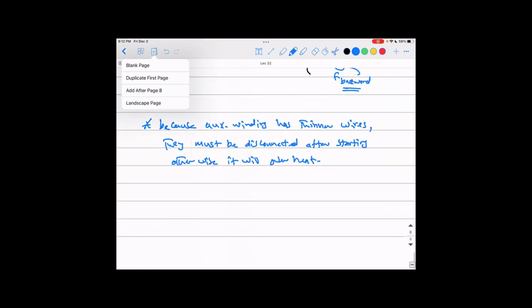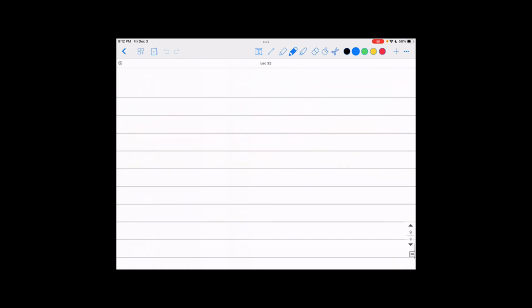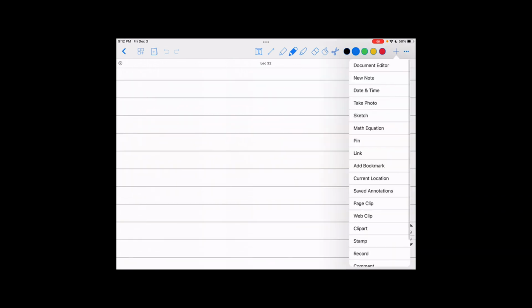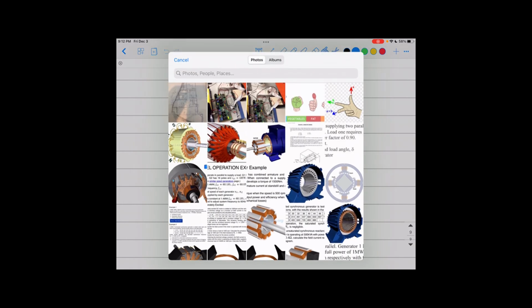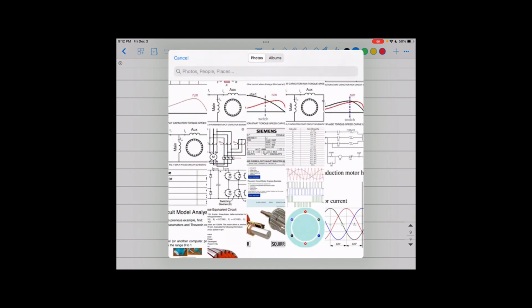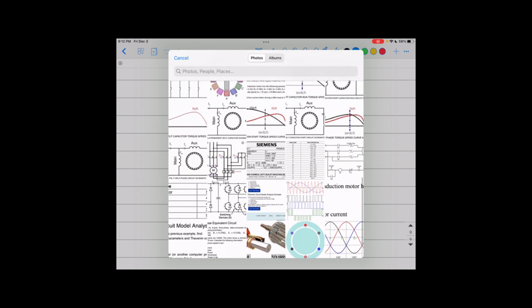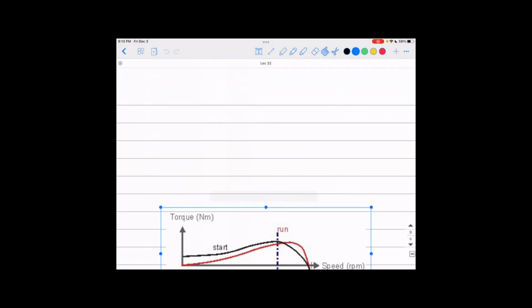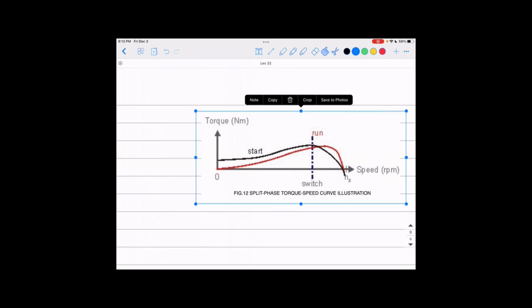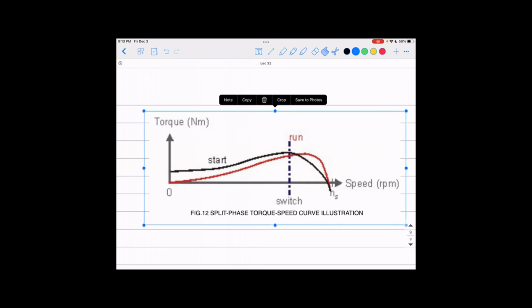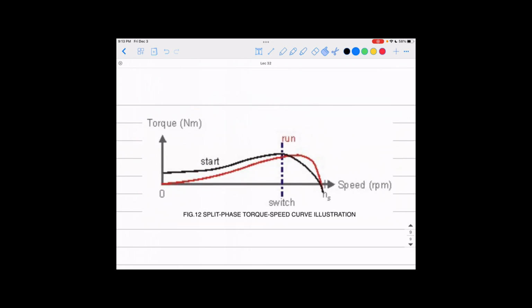Okay guys, so if you want to look at the torque speed characteristics of such a motor, it will look like that. Okay, so that is the torque speed characteristics of the split phase single phase induction motor.